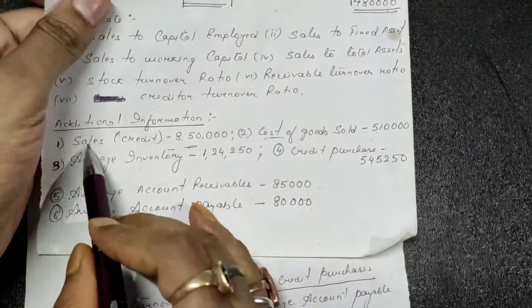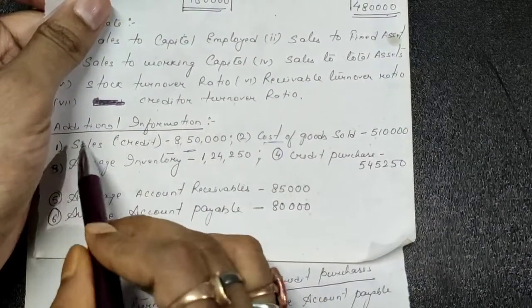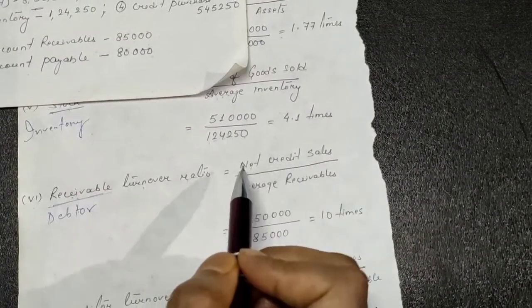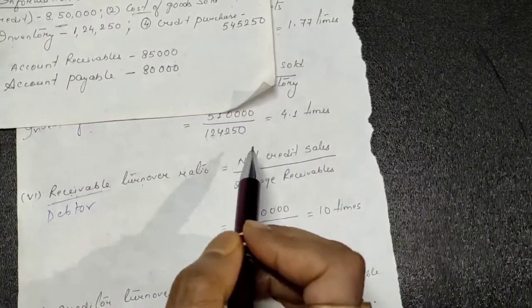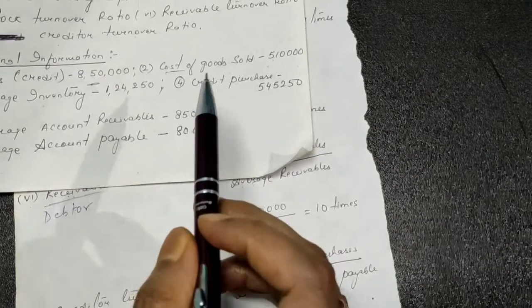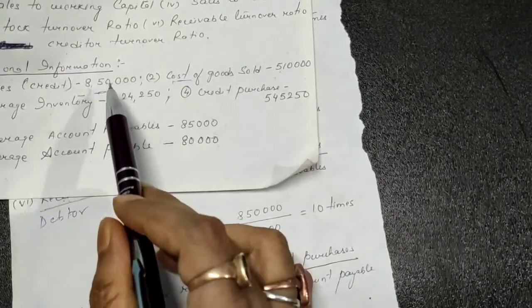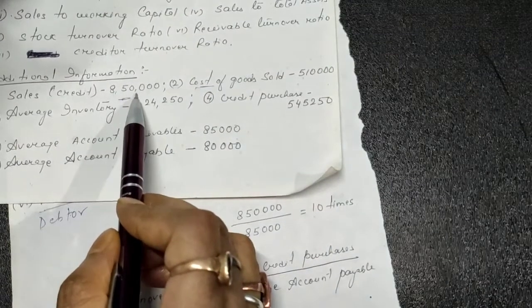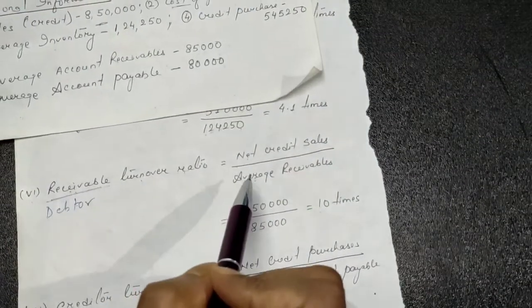See here, sales is what is given there, credit means it is credit sale. That's what we need here, credit sale, right? Then net is mentioned here because suppose if there was a return, the return amount would have been subtracted from here, but luckily there is no return, so we'll take the full amount here, 8,50,000. The next is average receivable.